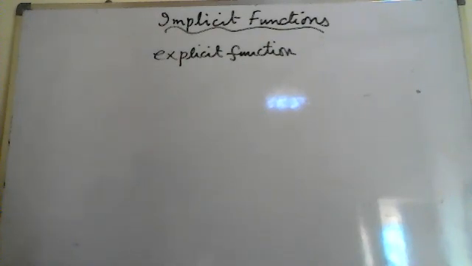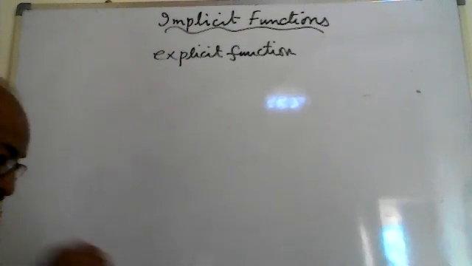Implicit functions are those where x and y are always associated with each other. They are not separate. On one side is y, on the one side is x, not in this way. Just like x square y plus 3xy plus 4x equal to 7. So these are the implicit functions.